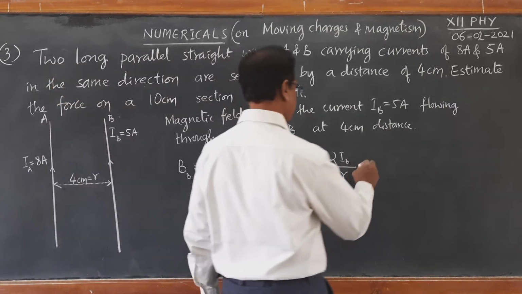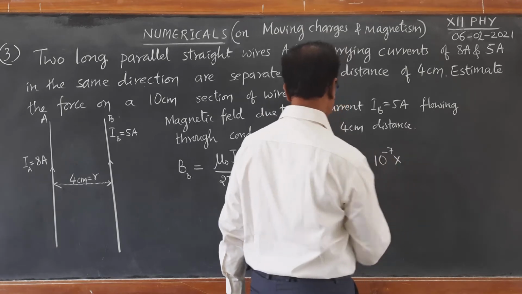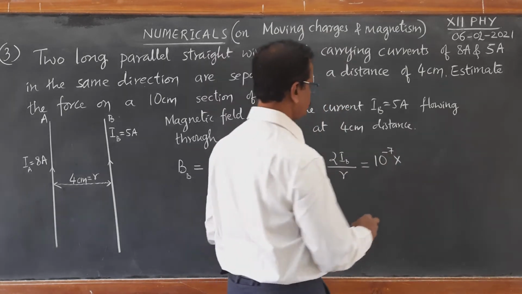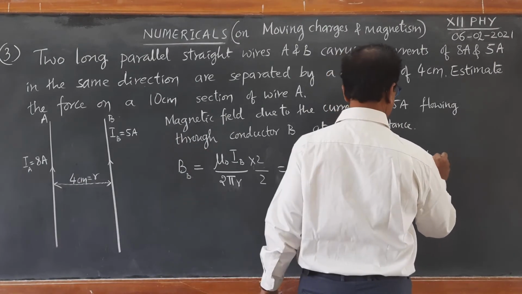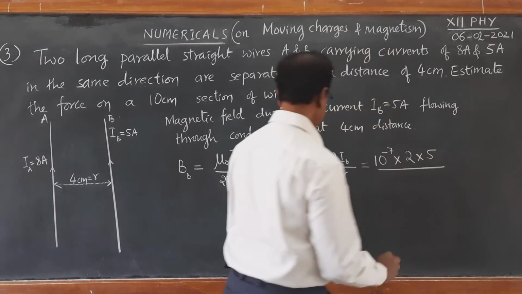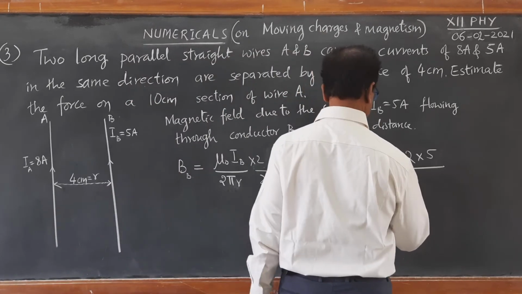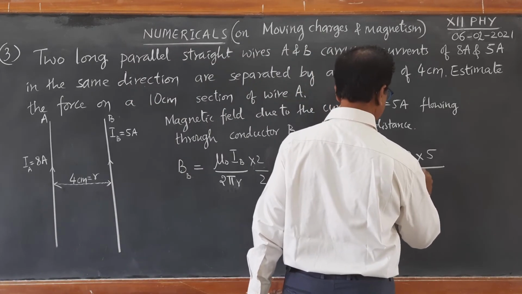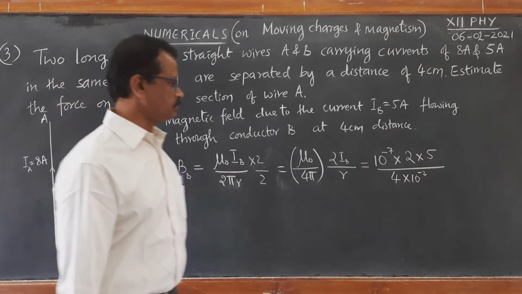Now we can solve it very simply. 10 raised to minus 7 Tesla meter per ampere into 2 into the current 5 ampere whole divided by the perpendicular distance 4 centimeter. 4 centimeter is equal to 4 into 10 raised to minus 2 meter.